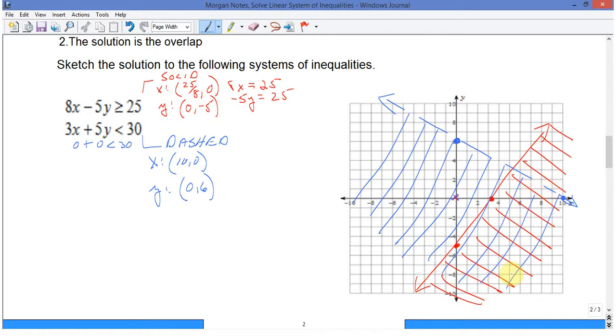So you can see that my actual solution is going to be this area here, the solid line on this side, bounded by the dashed line on this side. And so this whole region down here, any point in here, would be a solution to the equation. Okay, let's go on.